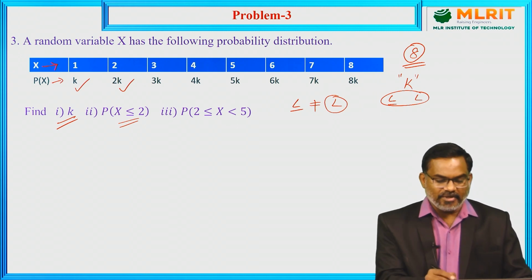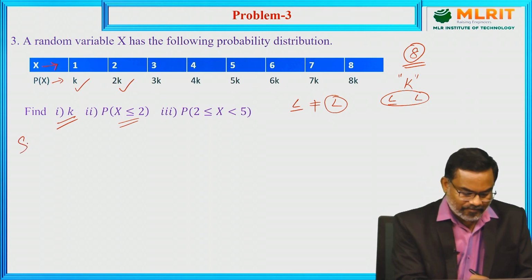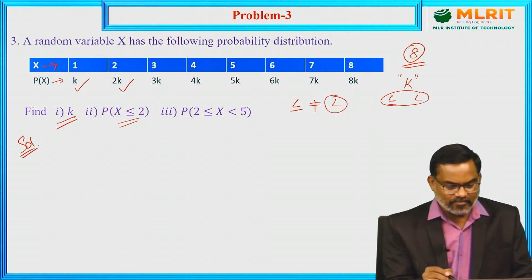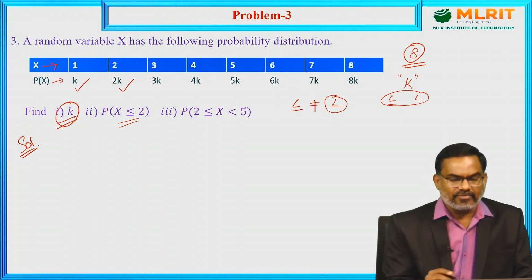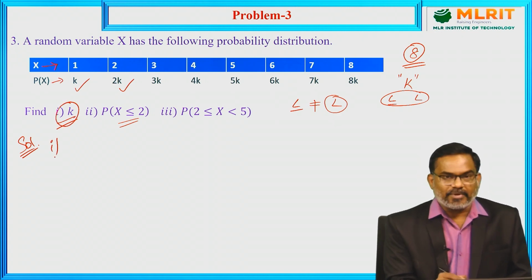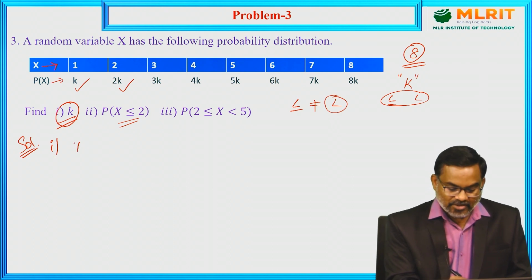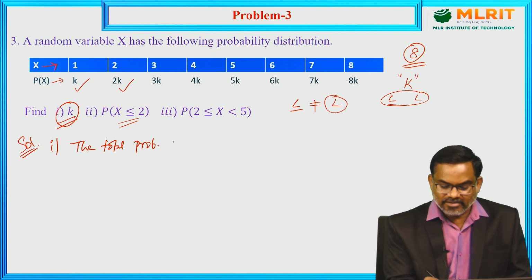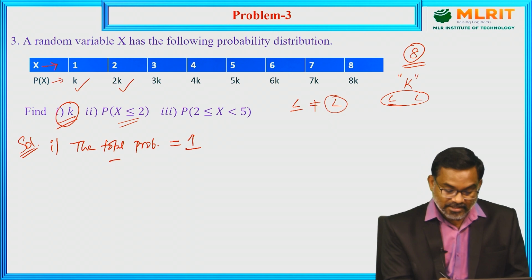Now, coming to the solution, in the first problem, we need to find the value of unknown K. This can be obtained using the property that the total probability is always unity. That means sigma pi is equal to 1.